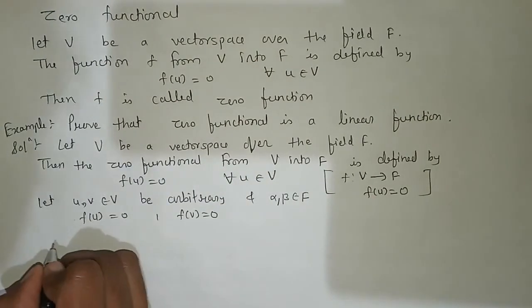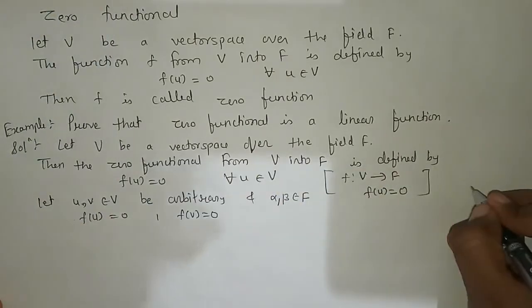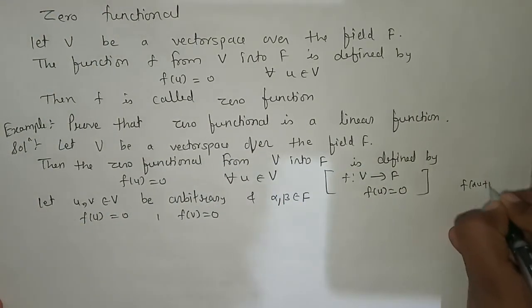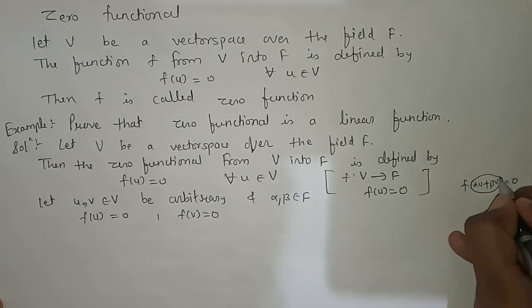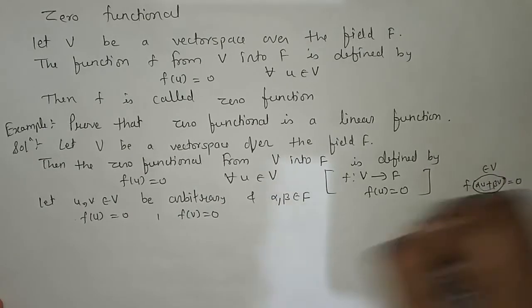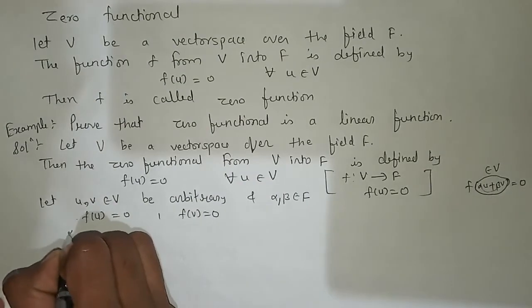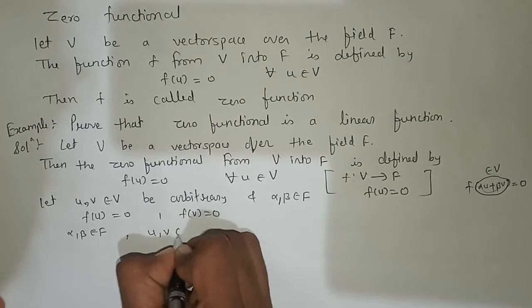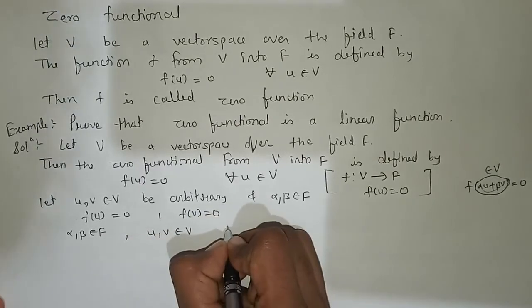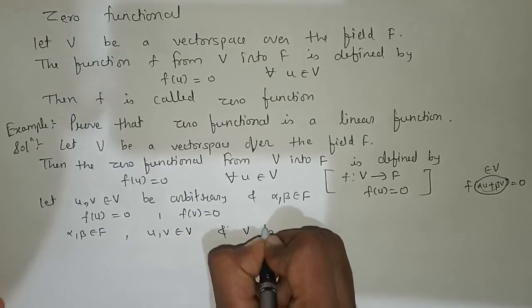Now first of all, if we want to prove that f of alpha u plus beta v is equal to 0, before that we have to show that this element belongs to V also. So we know that alpha and beta belong to F and u, v belong to V. Here V is a vector space.